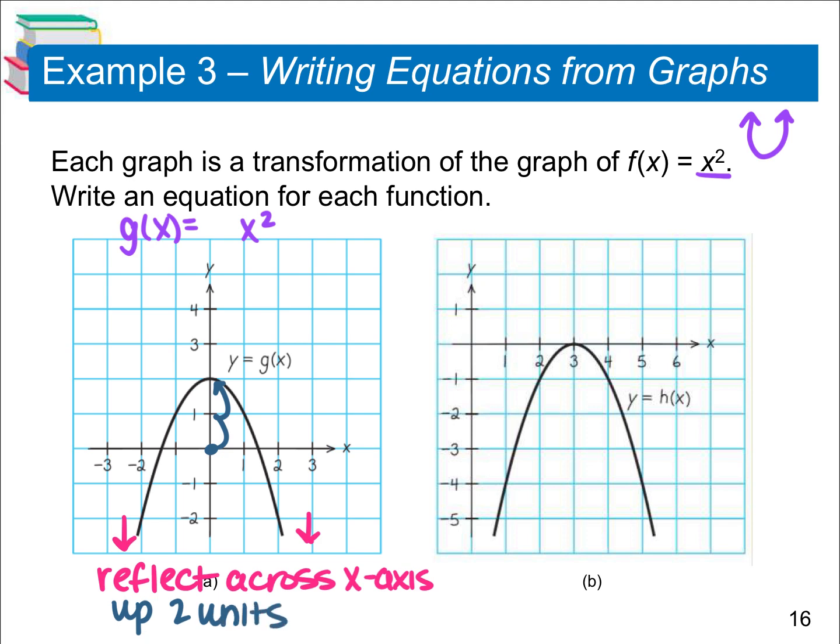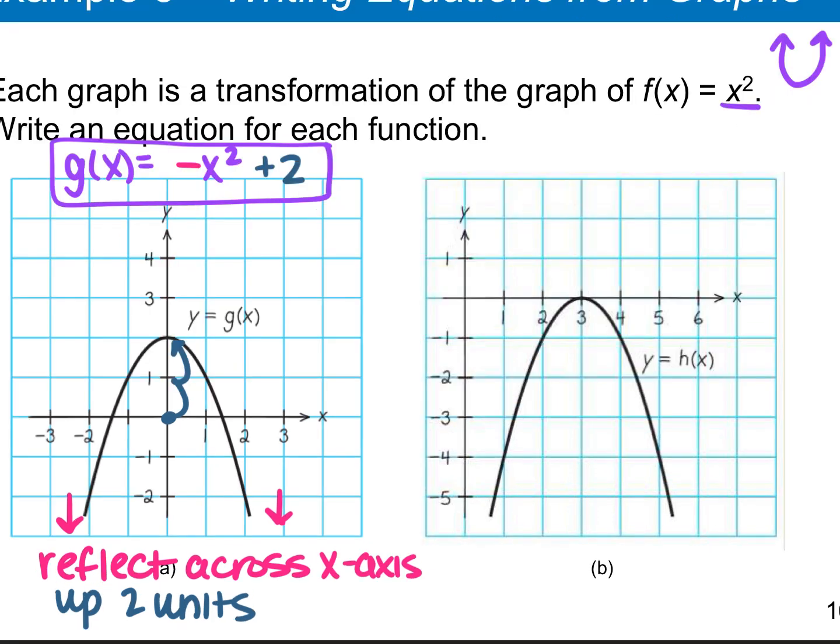So we are all working vertical here. So that negative for your reflection across the x-axis is going to go in front of the x squared, and then the up 2 units is going to go after the x squared as plus 2. So you have the function g of x is equal to the opposite of x squared plus 2 for your function rule for this graph.